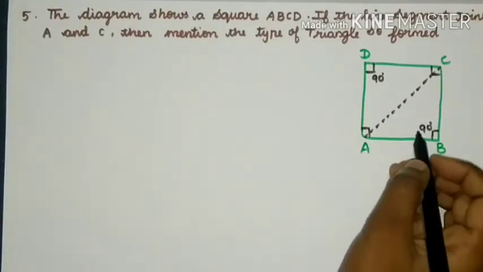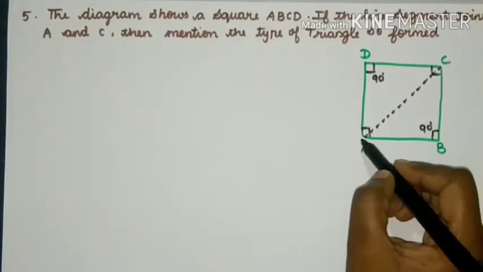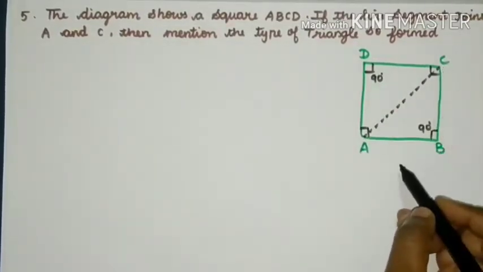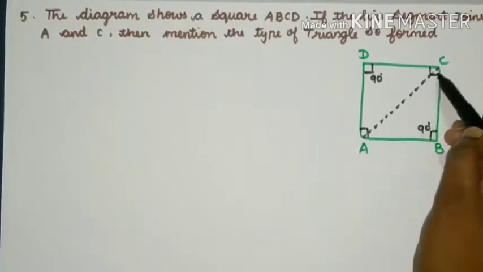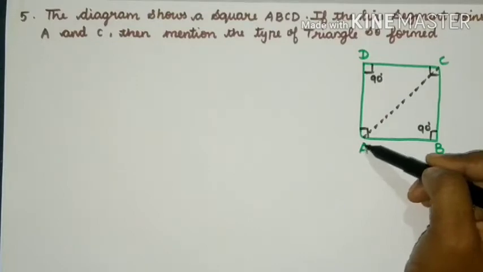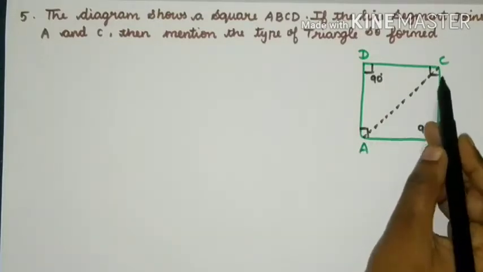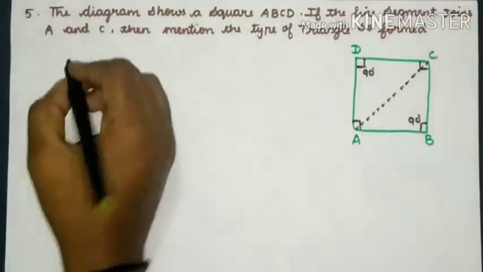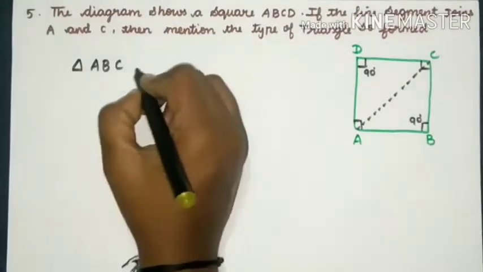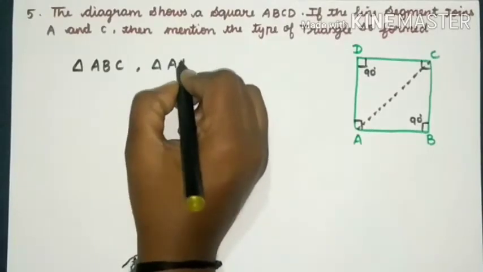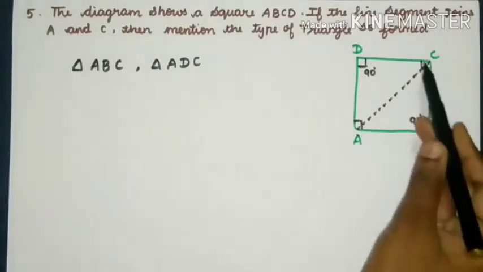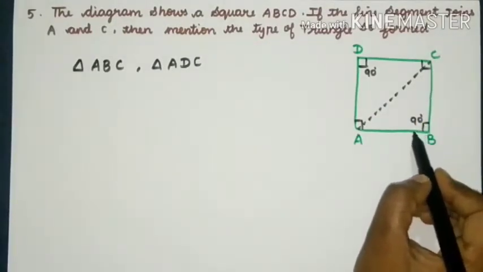Hence, we have to find the type of triangle for triangle ABC and triangle ADC. Students, is it clear, no? After drawing the line segment, here we get triangle ABC and triangle ADC. See here in triangle ABC, one of the angles is 90 degrees.